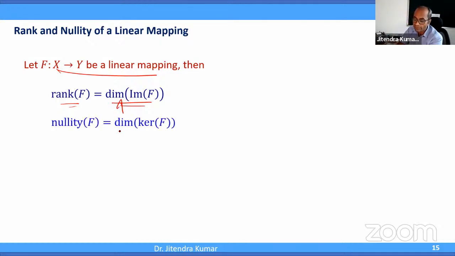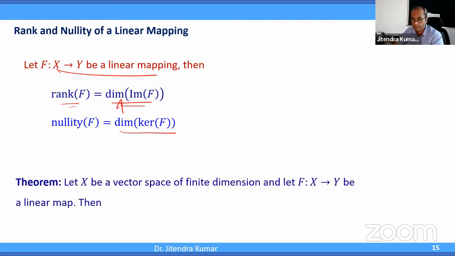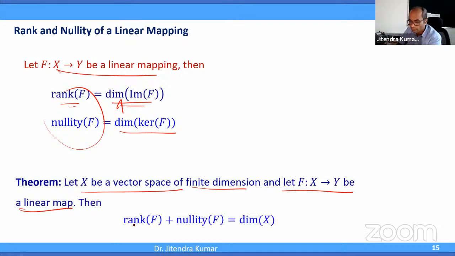The nullity of f is the dimension of the kernel of f. Defining rank and nullity this way, the theorem says that if X is a vector space of finite dimension and f: X to Y is a linear map, then rank of f plus nullity of f is equal to the dimension of X.